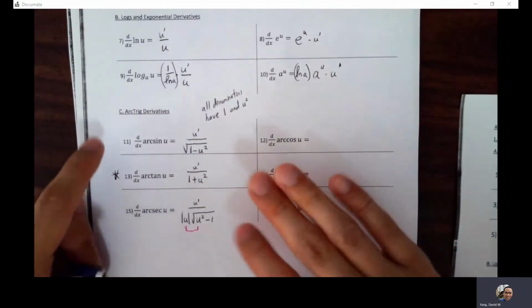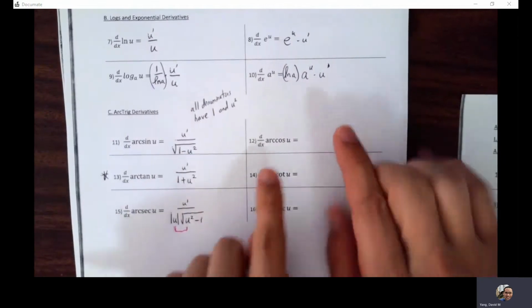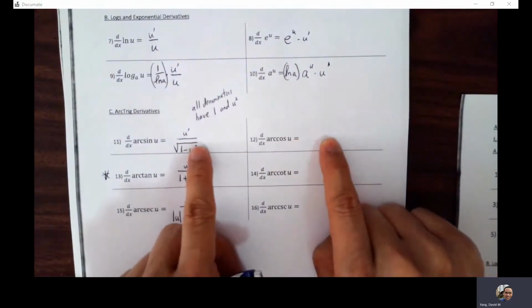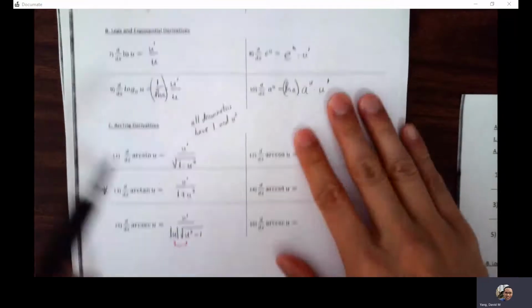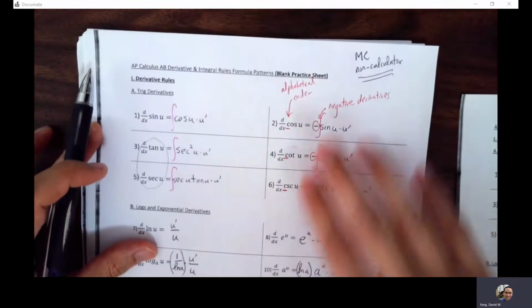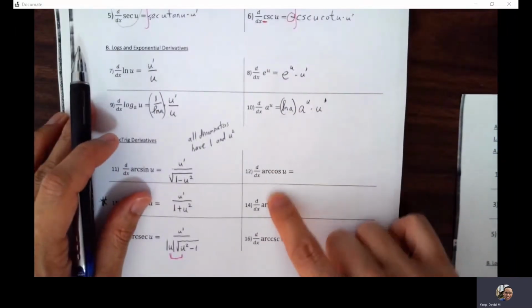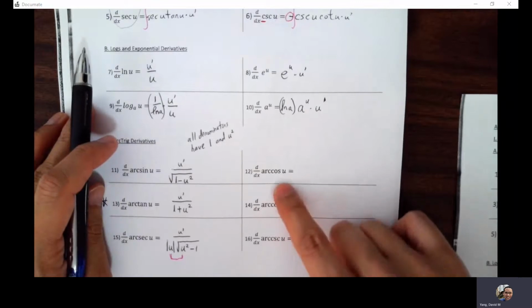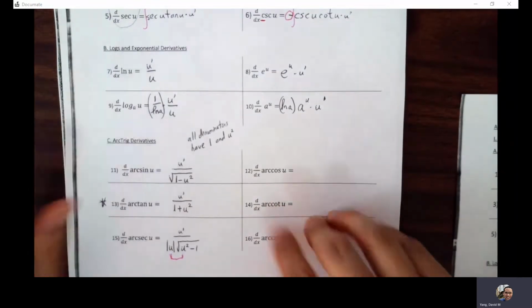Okay, so once you have these down, you know these three are going to be easy because we're just going to copy the ones directly across, but we're just going to put a minus sign, just like how we experienced trig functions starting with c producing negative. All these arc trig functions that have c's in them, like cosine, cotangent, cosecant, they all are also going to produce negative versions.